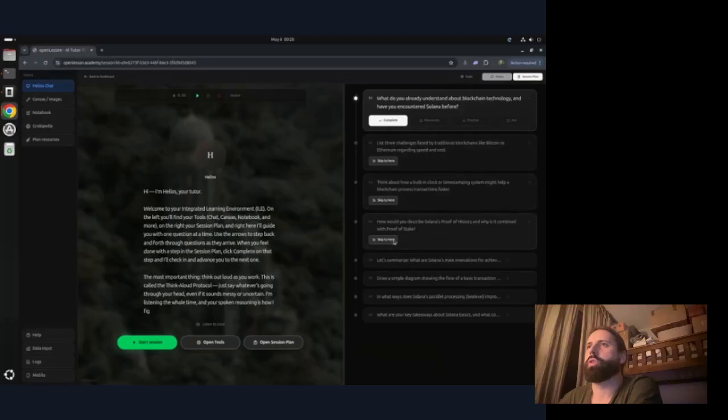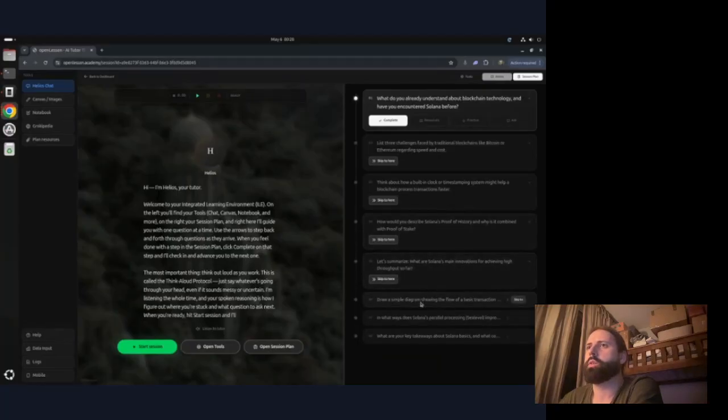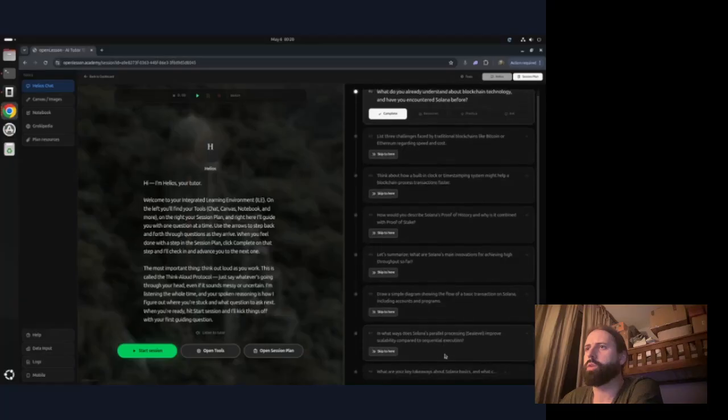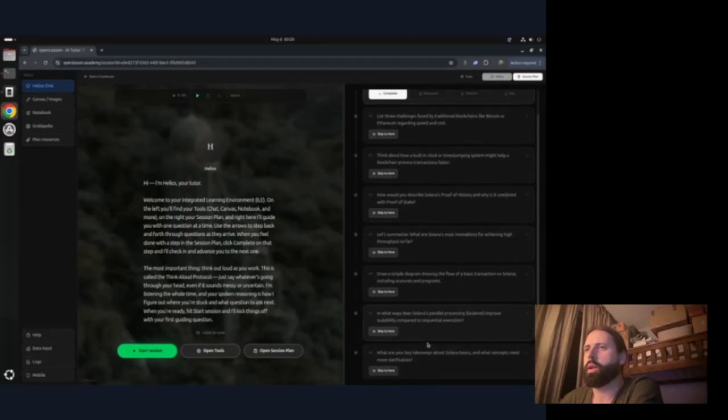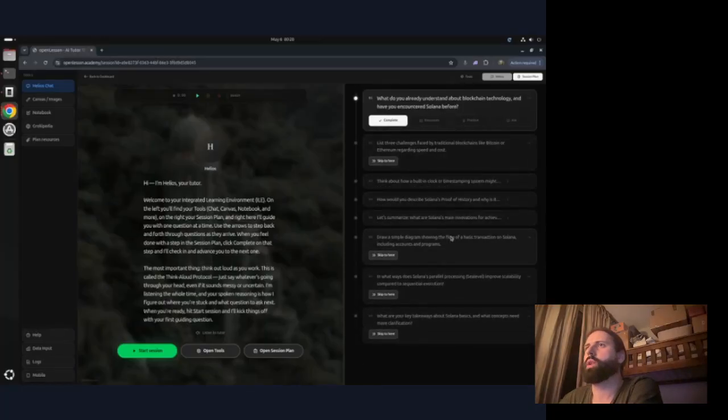Those are interesting, actually. How would you describe Solana's proof of history, and why is it combined with proof of stake? Let's summarize, and then we have a simple diagram exercise, and how does Solana's parallel processing improve scalability compared to sequential execution, and then kind of a bit of a takeaway. So I think that's quite okay. Let's just take it slowly.